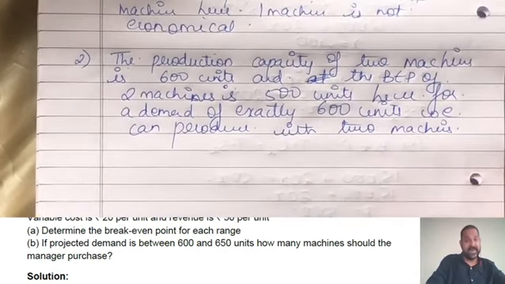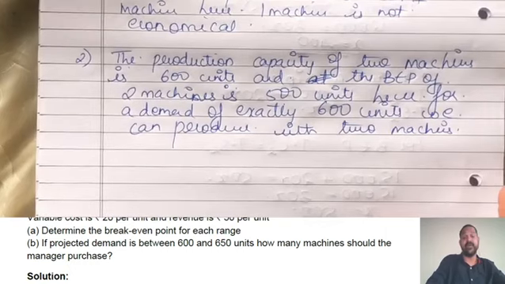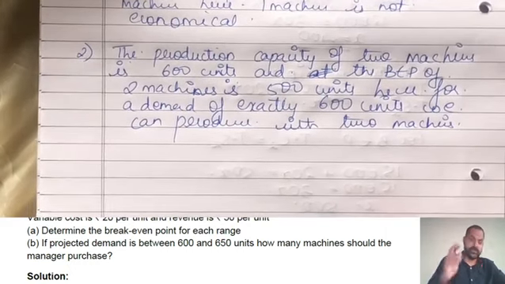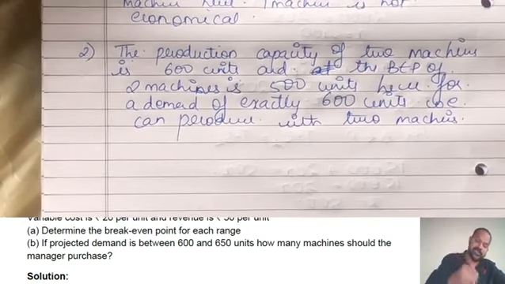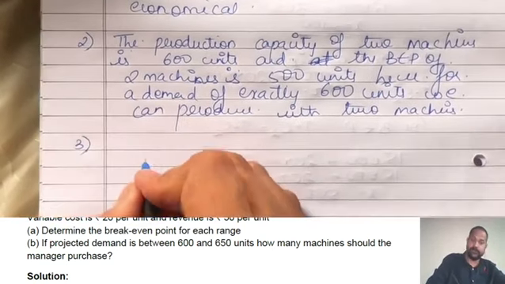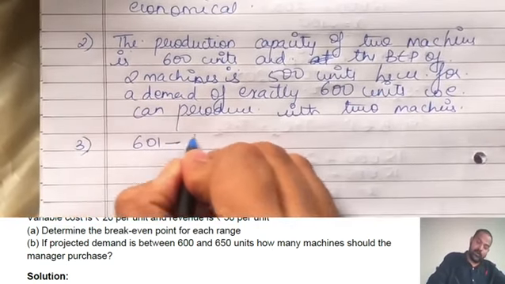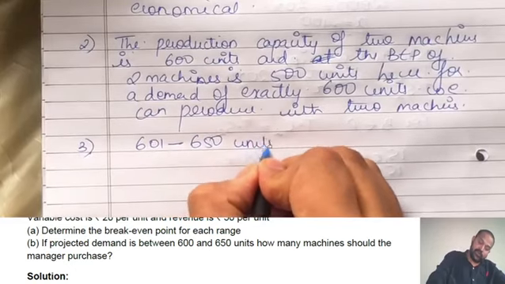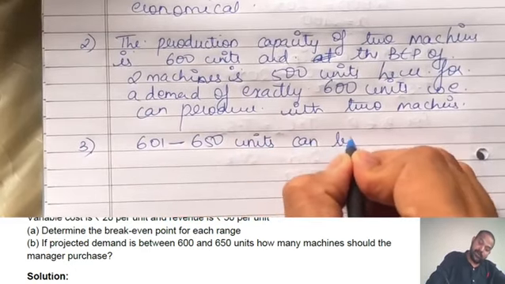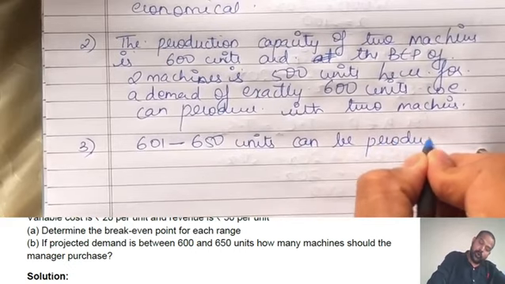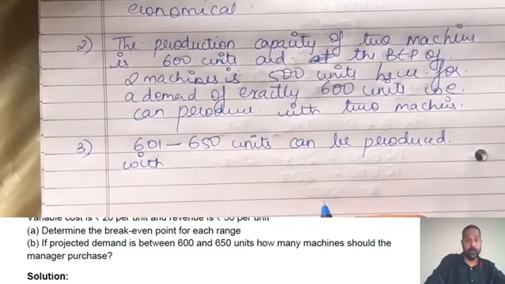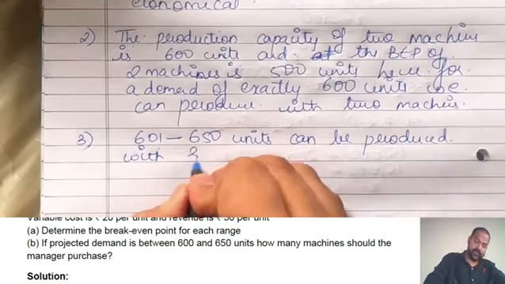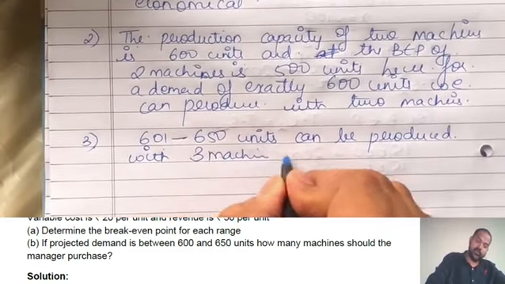But they didn't say exactly 600. They said 600 to 650. So 600 I can produce in two machines. What about 601? Cannot. The moment you say 601, I will say 601 to 650 units can be produced with how many machines? With 3 machines only.